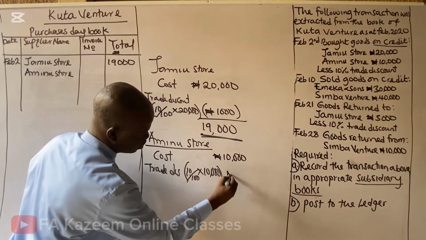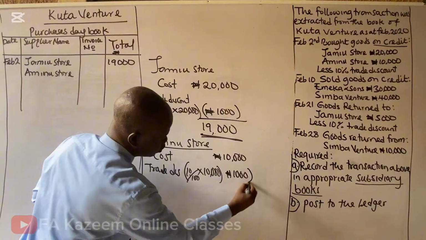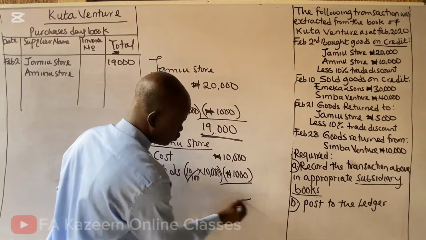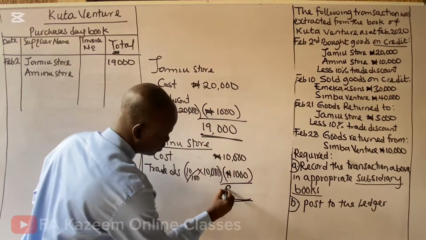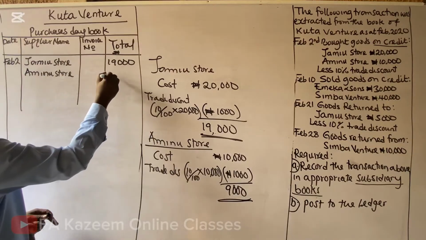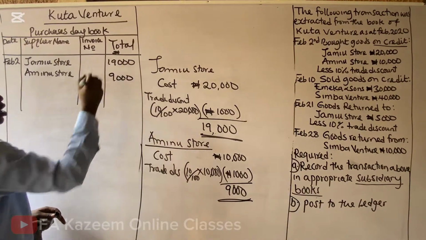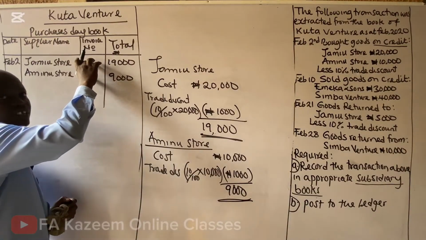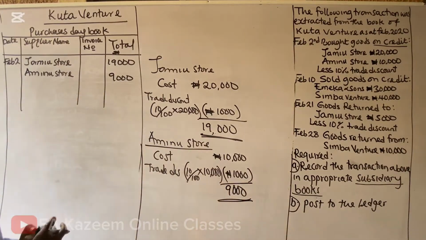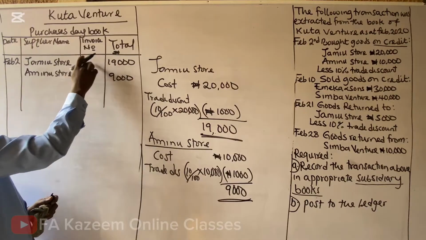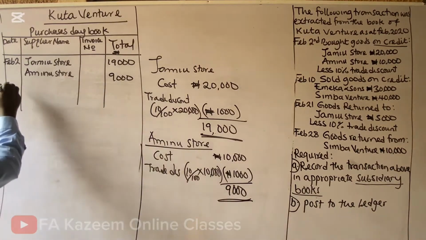That will give us 1,000. The bracket shows you are lessing. In accounting, when you bracket, it shows you are minusing. Minus this, you have 9,000. We come here, Aminu Store is 9,000. The reason why the invoice place is empty is that the question does not have invoice number. If it's in practice, you put the number on the invoice on this space. We're done with that.